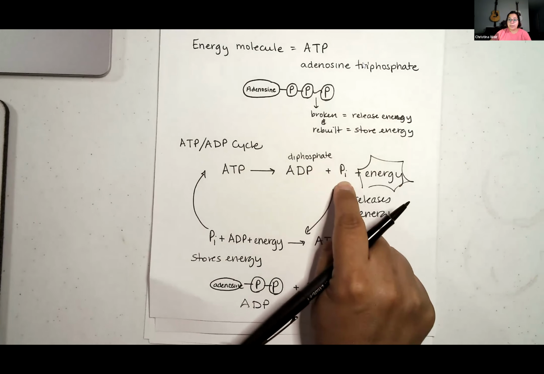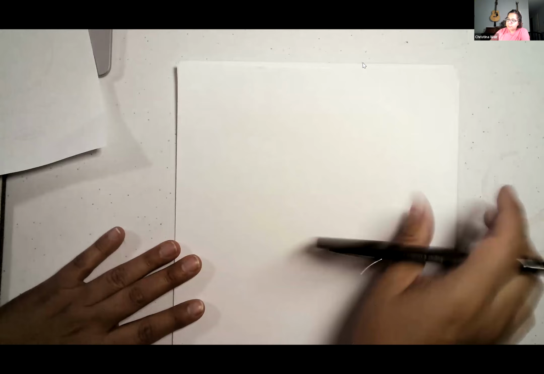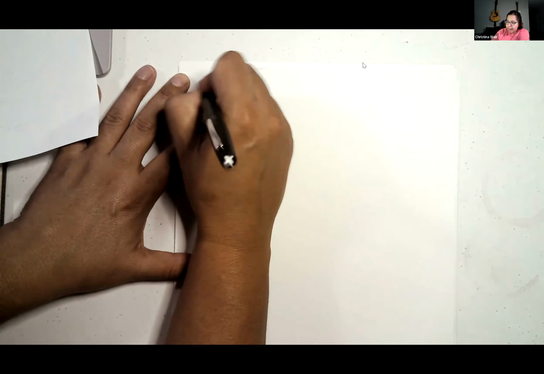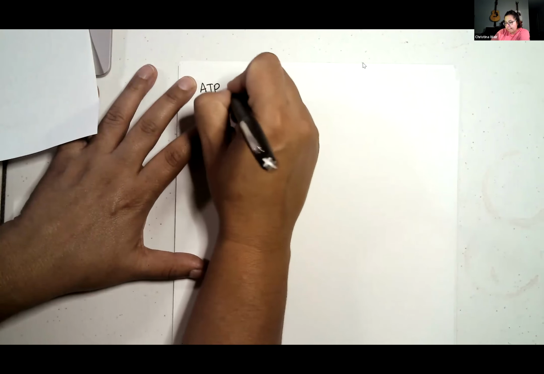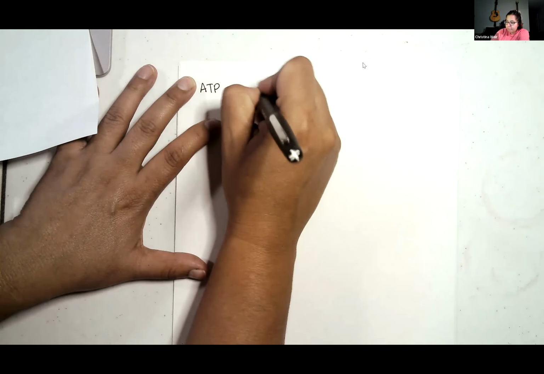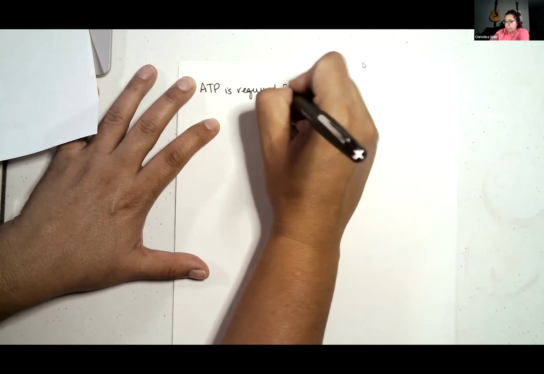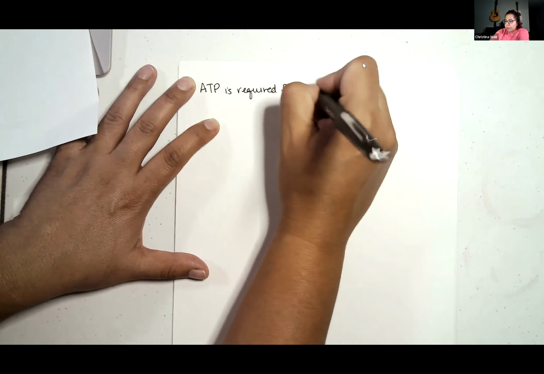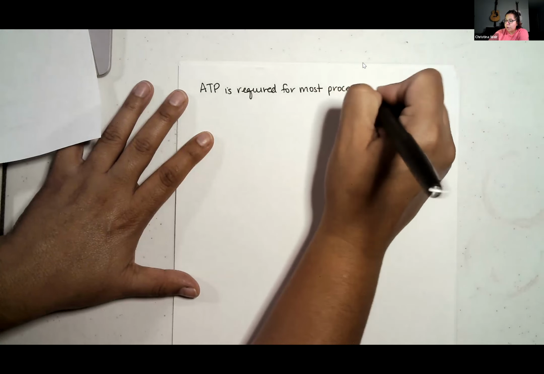All right, so now that we've talked a little bit about energy, or at least ATP, what about energy in the universe? Well, a lot of cell processes require ATP. As we learned in another video, the exception to this rule are things like diffusion and osmosis.